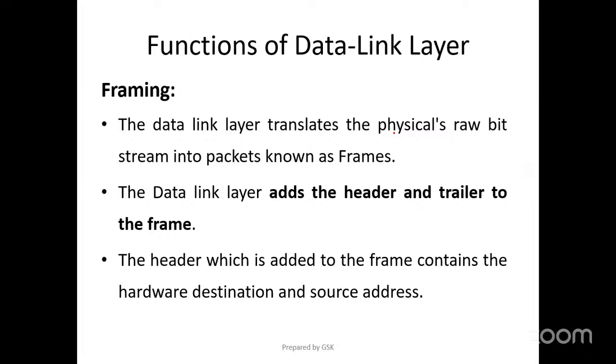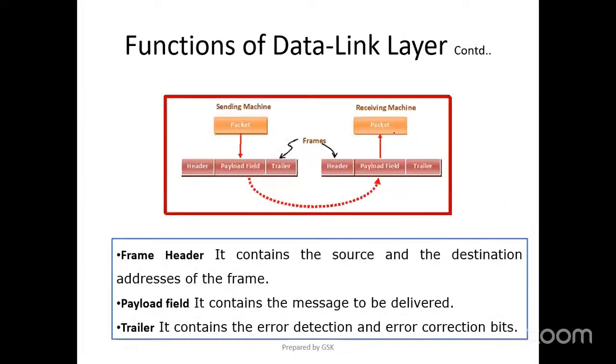Those are called frames. The data link layer adds a header and trailer to the frame. I will show that image. The header added to the frame contains the hardware destination and source address. Now you can observe: while working with the data link layer, the data is formed in the form of framing.